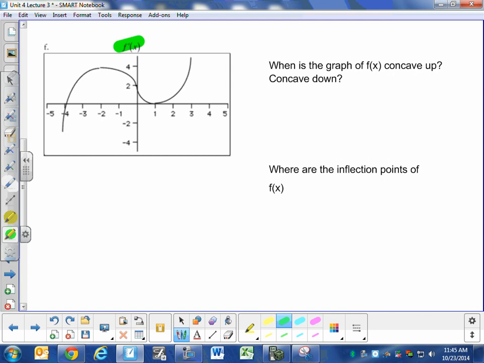Trying to sketch f and then find the concavity? F double prime? Beautiful. I like that. I see that. Yep. Positives, then a 0, then negatives. But we go from positives to a 0 to negatives, but then we come back to positives, right? So you need to come shoot back up.